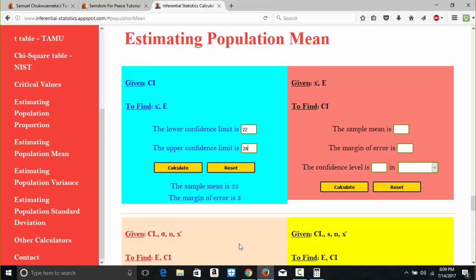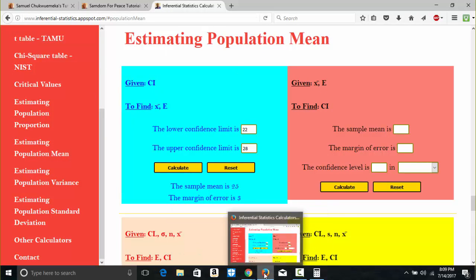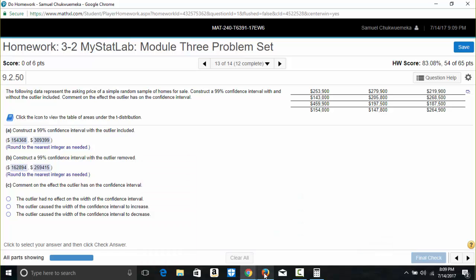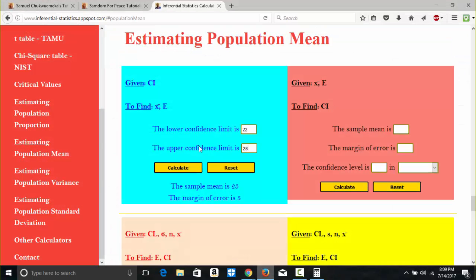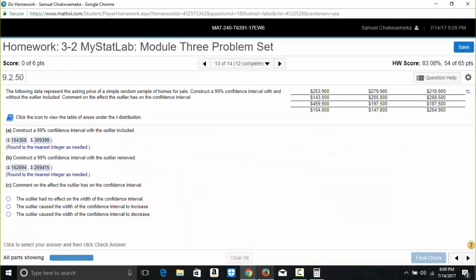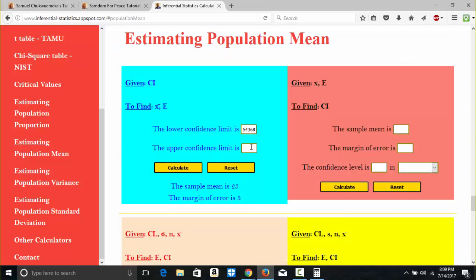Oh, there you go, they gave us the confidence limits. The first one is 154,368, and this one is 309,399.